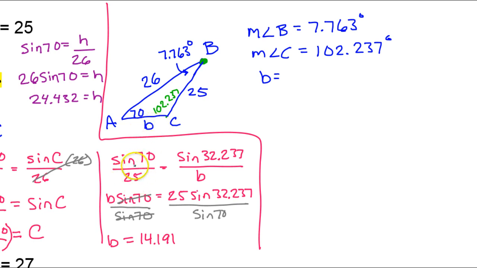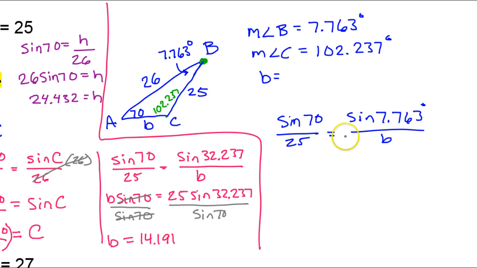I'm going to use the same ratio I used before, the ratio that says the sine of 70 over 25 is going to equal, and now I'm going to use angle B and side B. So this would be the sine of 7.763 degrees over side B. If I cross multiply here, I get B sine 70 is equal to 25 sine 7.763.